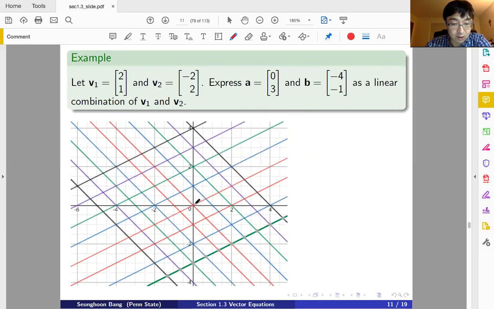So what does it mean? Here, vector v1 is here. This is vector v1, (2, 1). Vector v2 is (-2, 2), so we have it here.